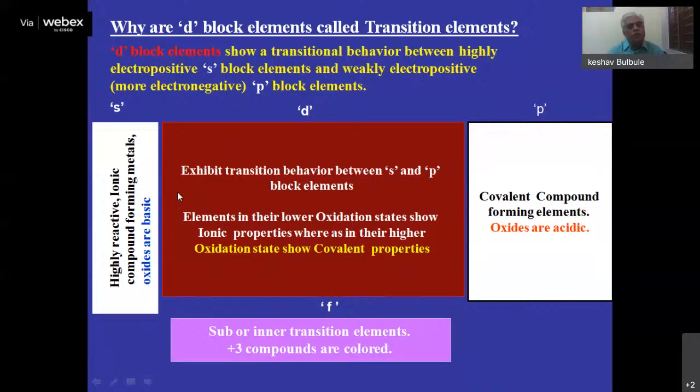Transition mostly in terms of ionic character to the covalent character as the oxidation number increases from lower to higher oxidation number.